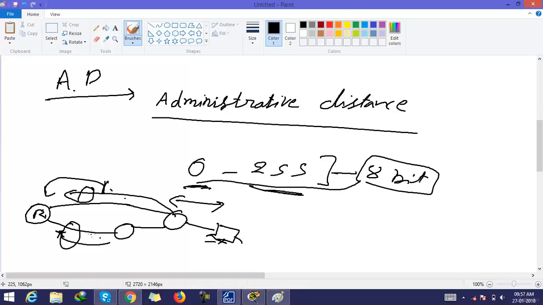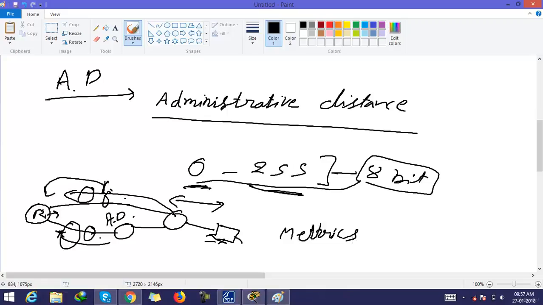If both routes to the same network have the same AD, then the routing metric is used. You can say if two routes have the same AD, then the router uses metrics to find the best path to the remote network.